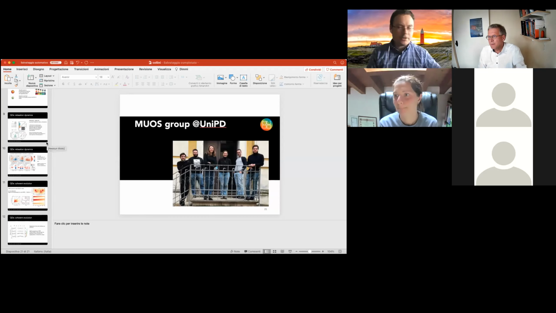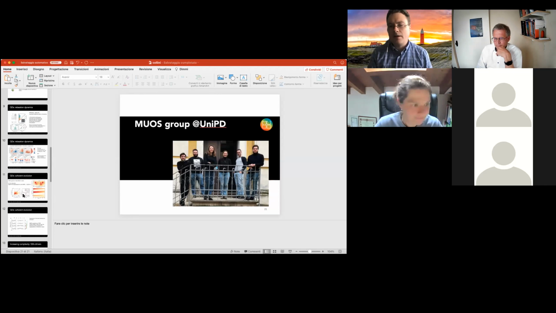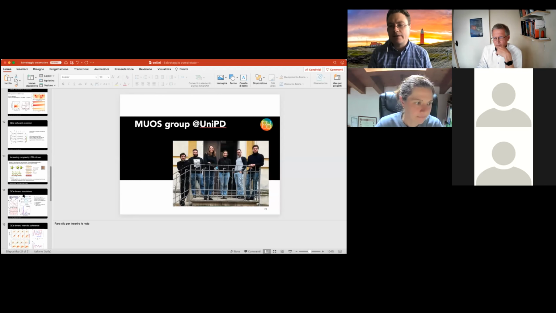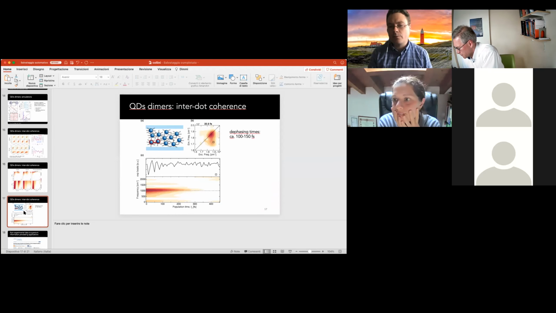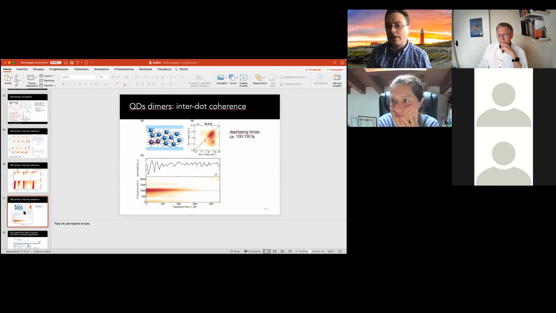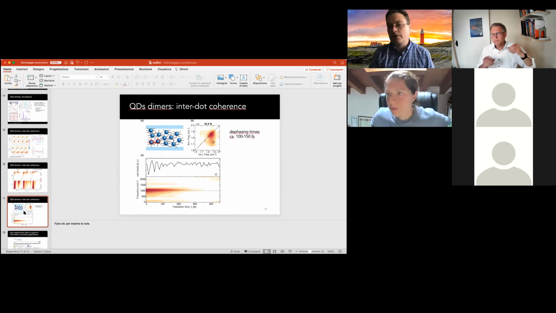So I have a question regarding the dimers, where you see the longer coherence time. Couldn't that be a result of exchange narrowing? So when you delocalize over two molecules, if it's perfectly delocalized, you would get a square root of 2 longer decoherence time, right?